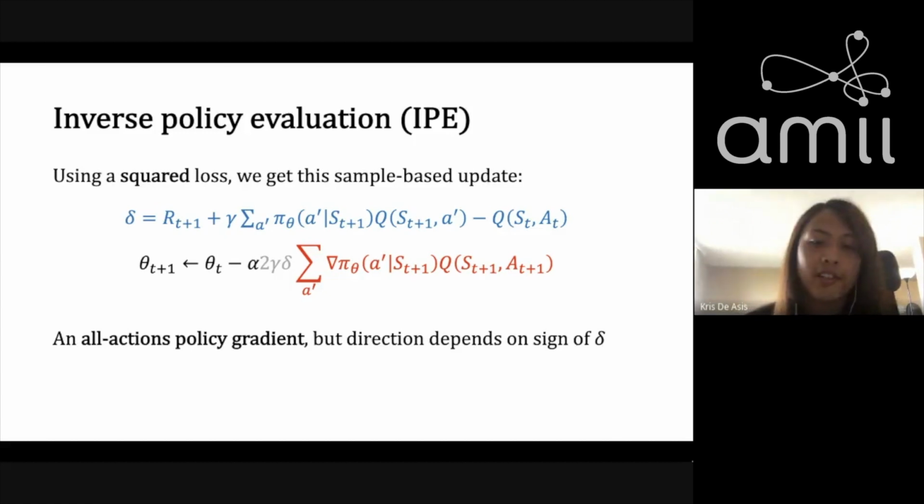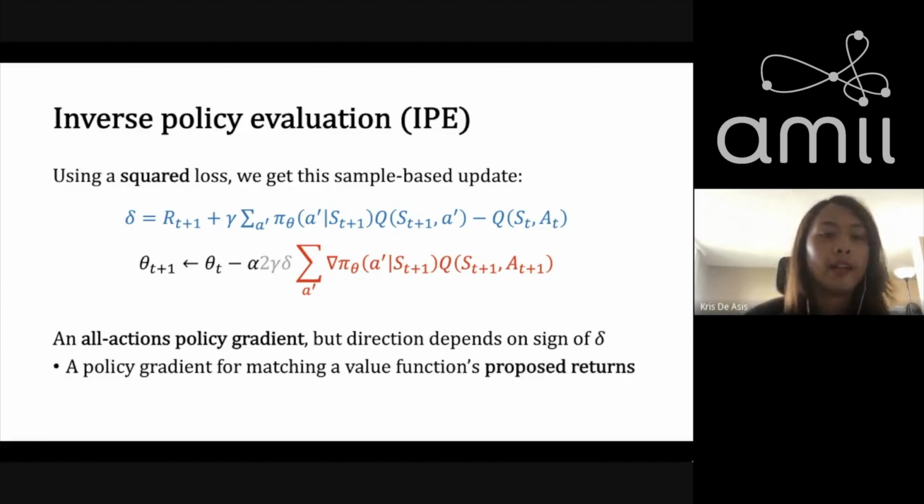This delta term is actually flipping the sign of this policy gradient, determining whether you're climbing or descending the gradient based on whether you're over or underestimating your value function or your return. So this can also be viewed as some policy gradient for matching a value function's proposed returns instead of trying to maximize values or maximize expected returns.